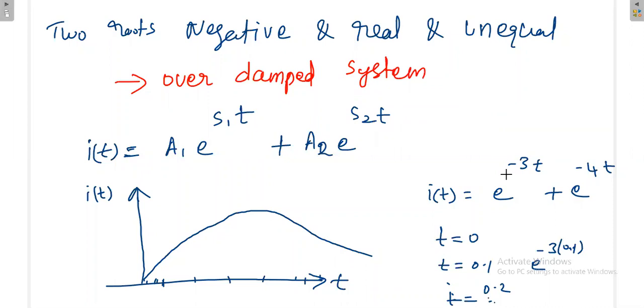One more problem here is that we do not know the actual values of A1 and A2, because A2 may be positive or negative. That's why in the beginning it may create some problem.